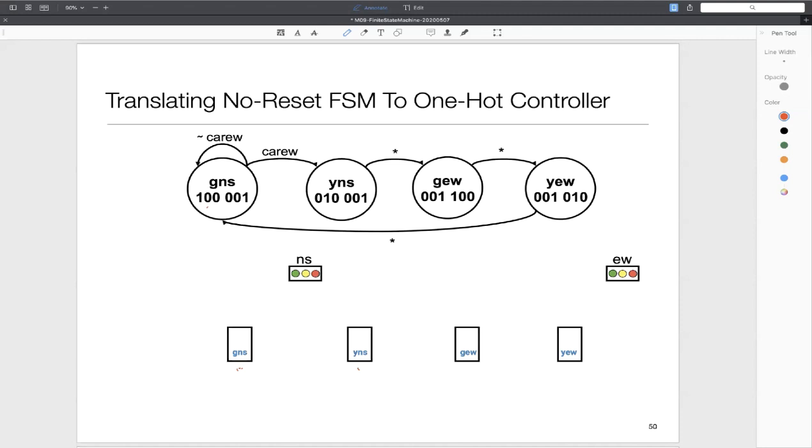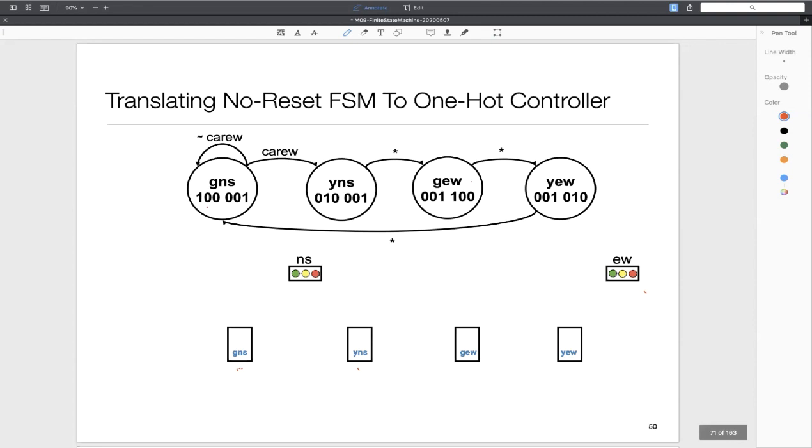If I am in state GEW, then GEW will have 1, and the other 3 will have 0. And finally, if I am in state YEW, then the YEW flip-flop will have 1, and the other 3 will have 0. So there is a 1-to-1 correspondence in case of one-hot coding. Moreover, my outputs control 2 clusters of lights: a north-south set of lights and an east-west set of lights.